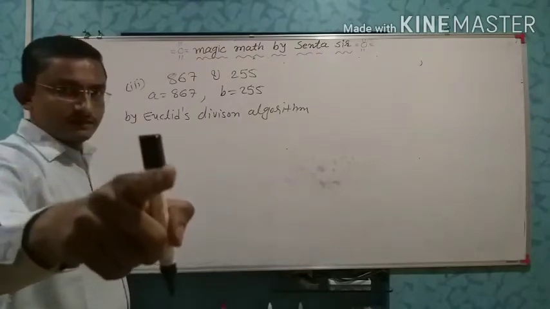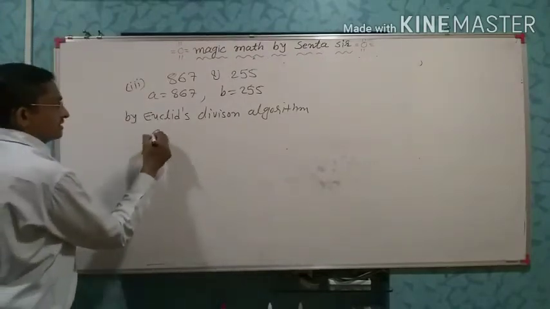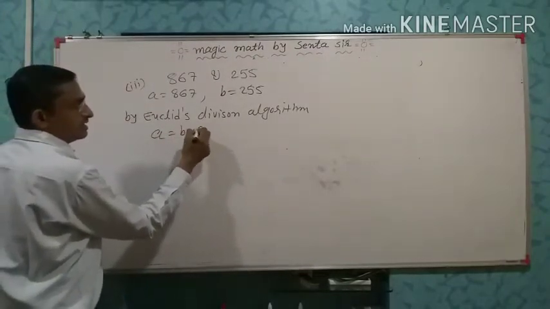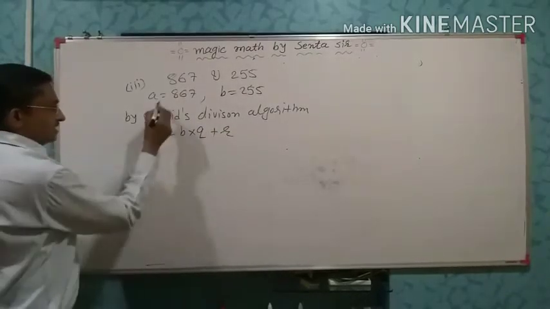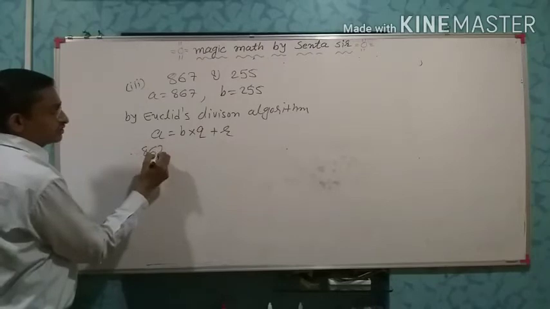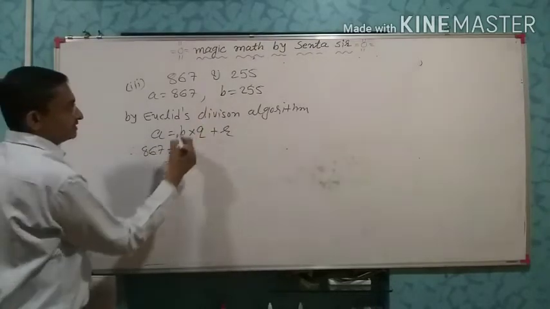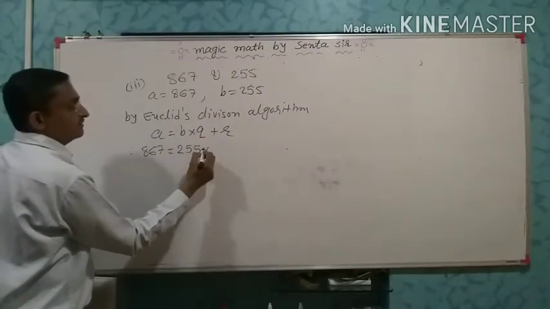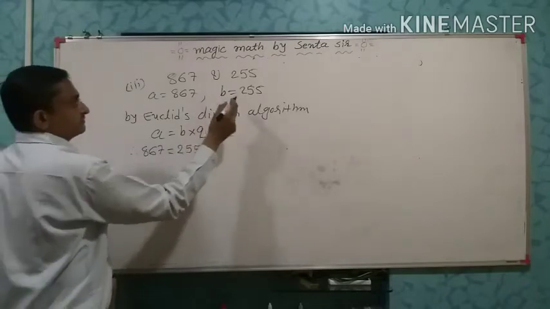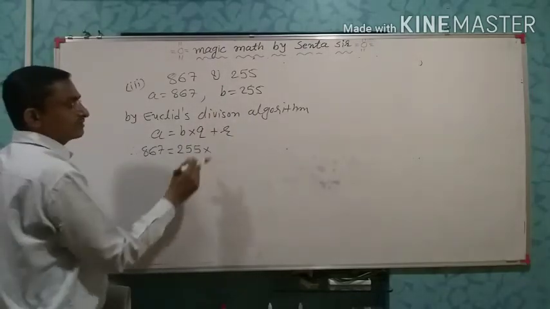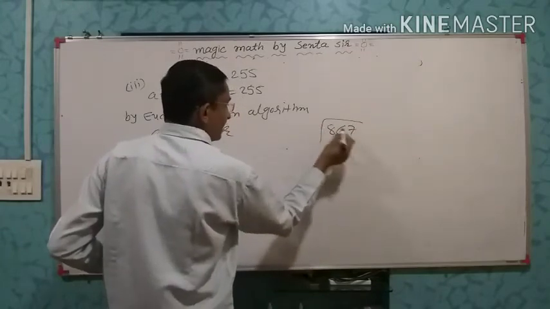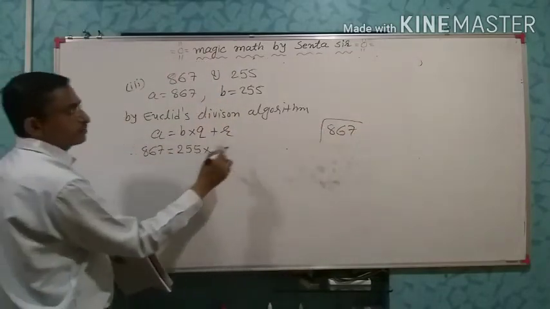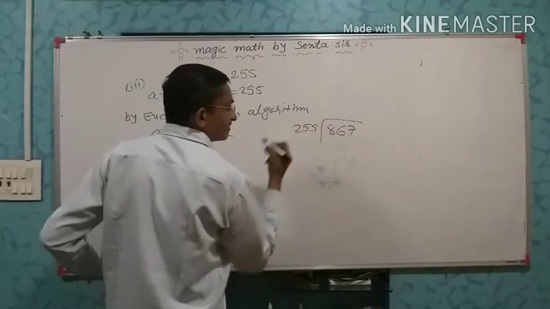You can say, very good. A is equal to B into Q plus R. Very good. A means 867 is equal to B means 255, Q means quotient and R means remainder. We take division, 867 divided by 255.